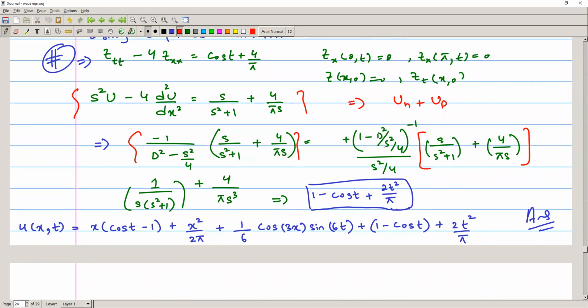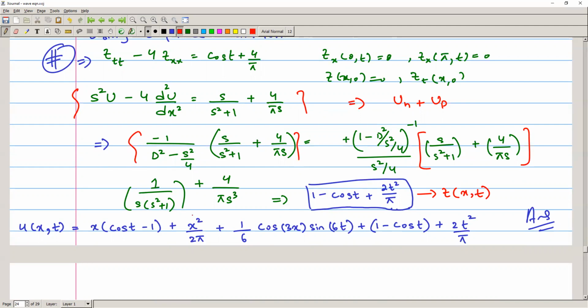We'll expand this by using the binomial theorem. So we will only get 1 times this function, and all other derivatives will be 0. Finally we're left with 1 over s times (s squared plus 1) plus 4 over pi s cubed. And then we will apply the inverse transform to find the function in terms of Z(x,t). So this is our Z(x,t).